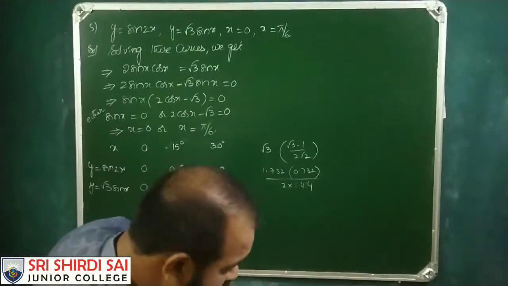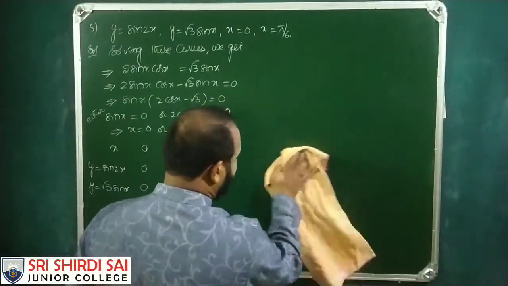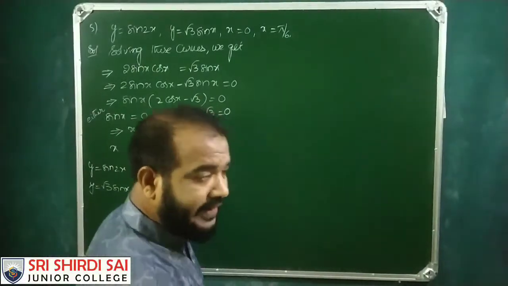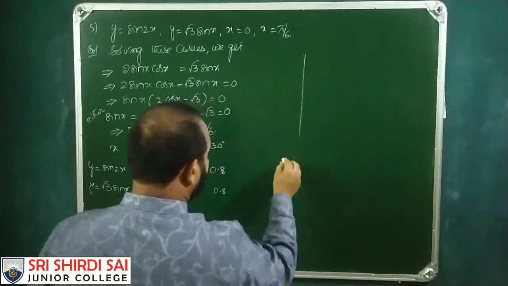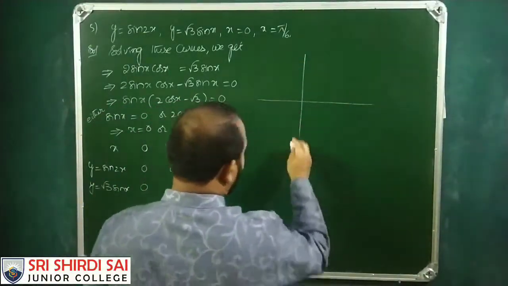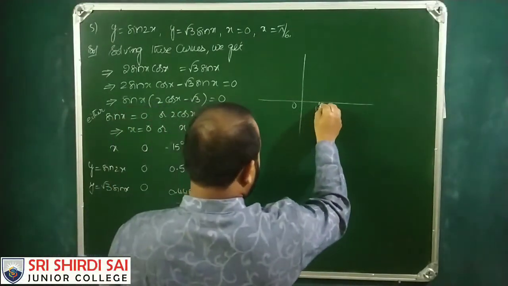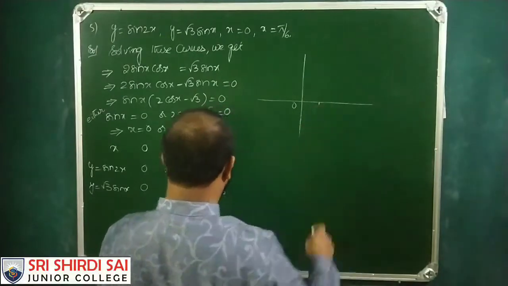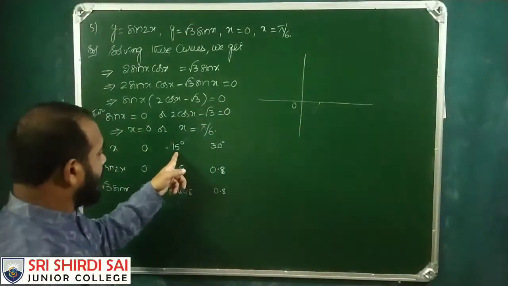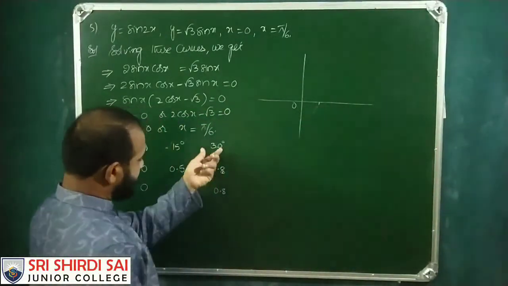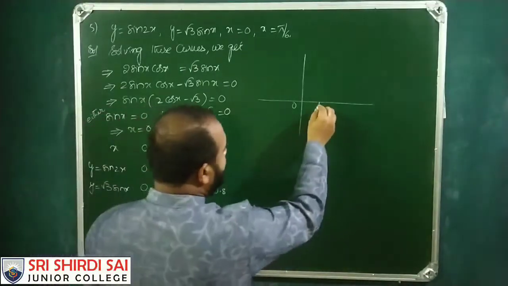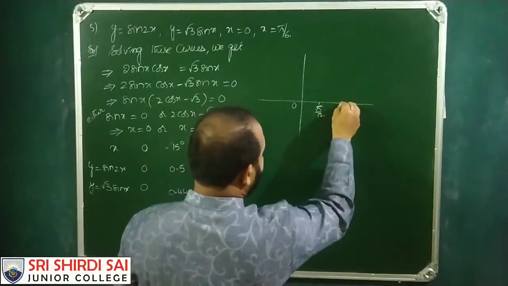If you still don't know, then with the help of a diagram we will try to get it. So let us plot the diagram. 0, this is 15 degrees, which is pi by 6 by 2, so pi by 12. This is pi by 6.